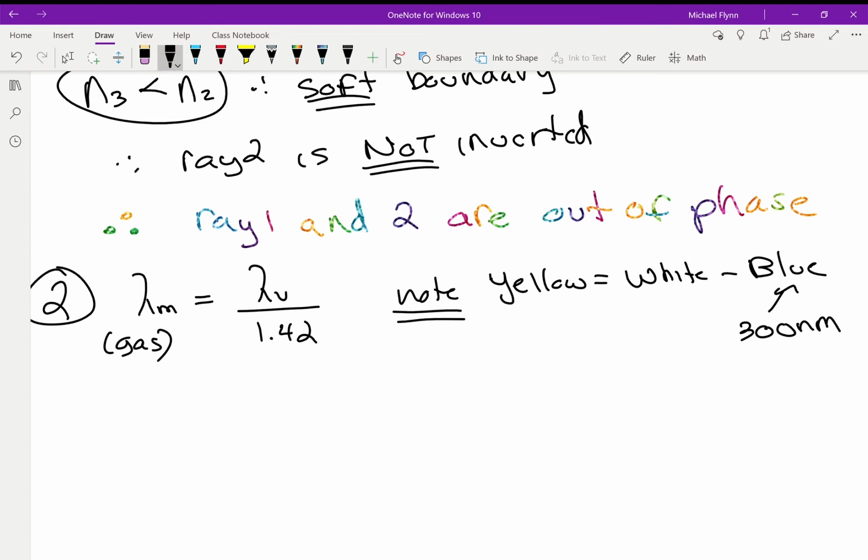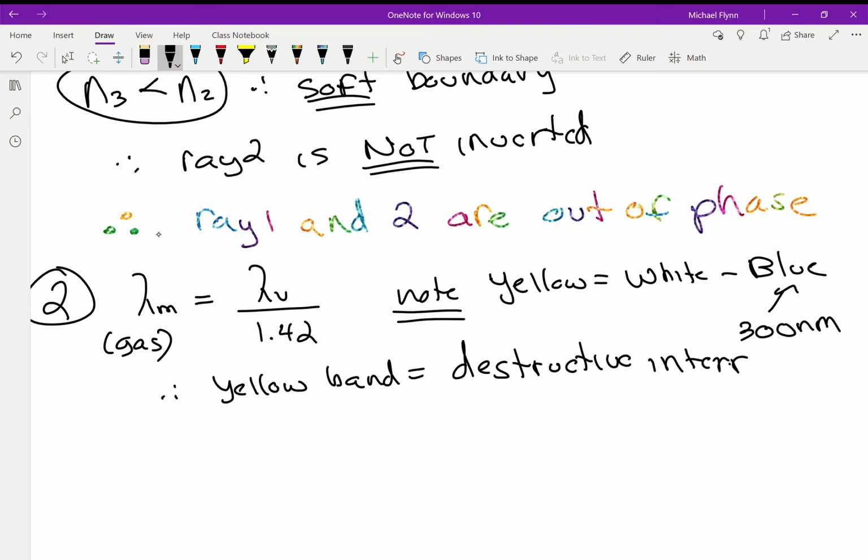So what we're doing when we see a yellow band, I'm going to say a yellow band equals destructive interference. We're subtracting it, so it's destructive interference for blue.